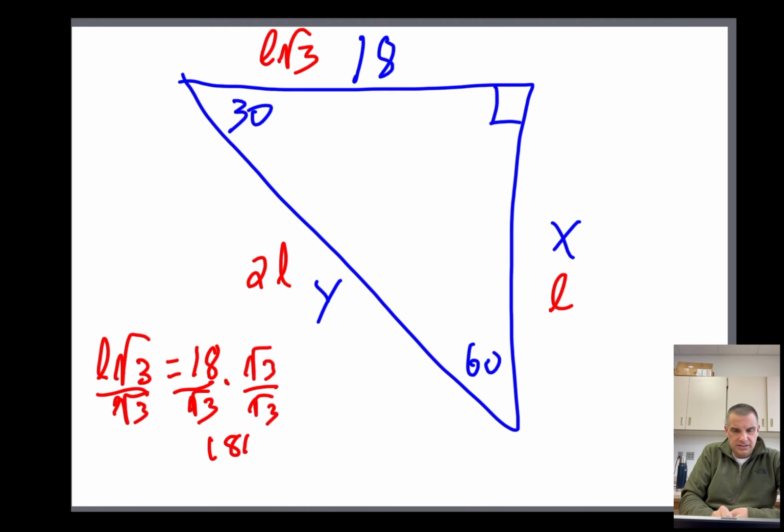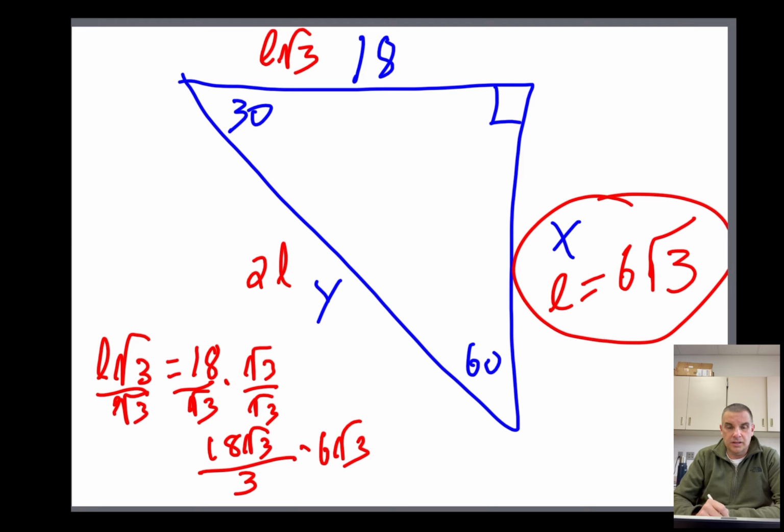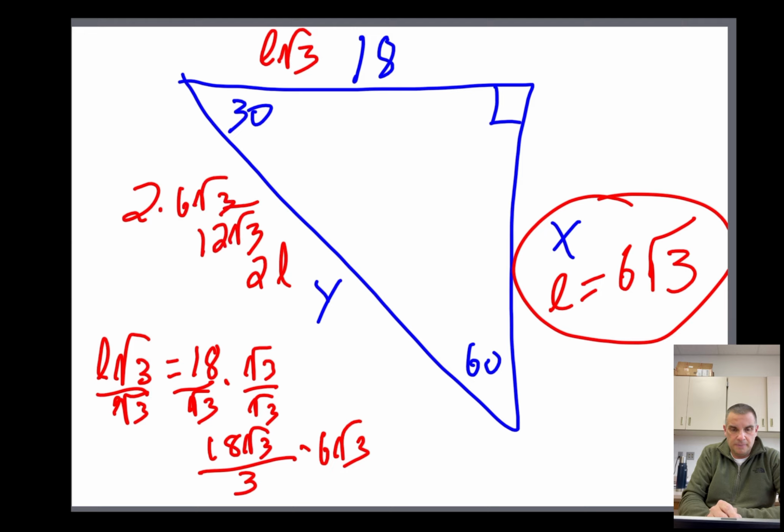That's 18 radical 3 over 3, so that's 6 radical 3. So that makes this L, so x is equal to 6 radical 3. And now I have to go 2 times L, so 2 times 6 radical 3, which is 12 radical 3. That's my value for y.